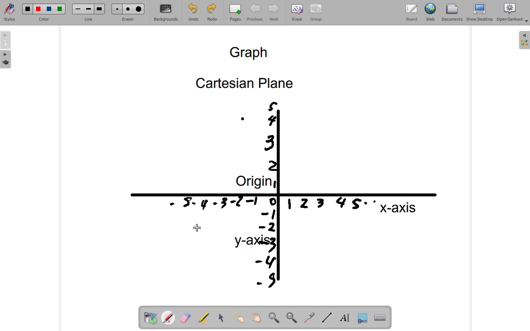Alright? So each point can uniquely be defined by stating a horizontal coordinate and a vertical coordinate. Or usually you just say x and y coordinates, x coordinate and y coordinate.